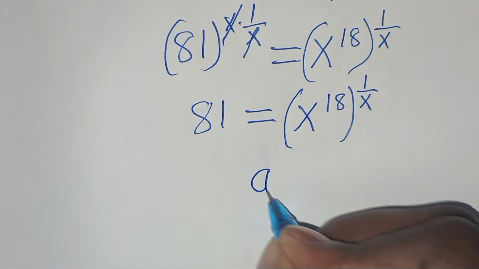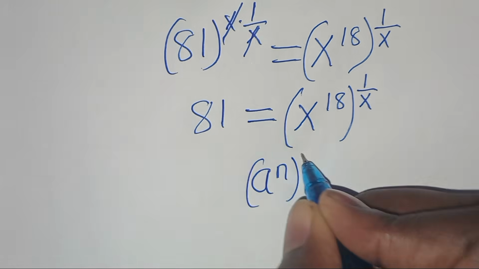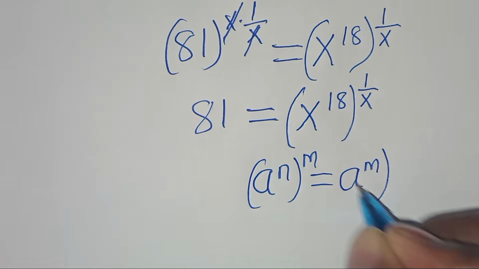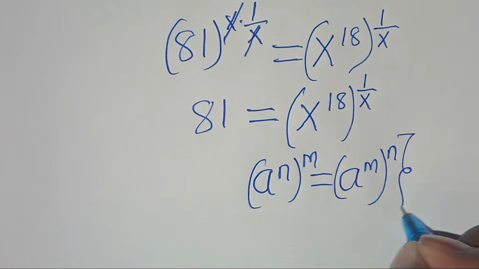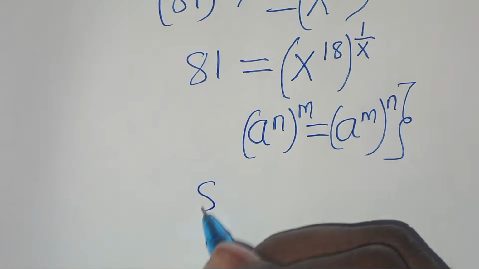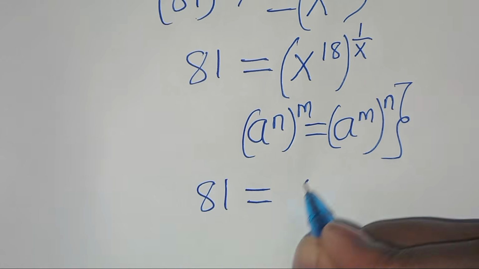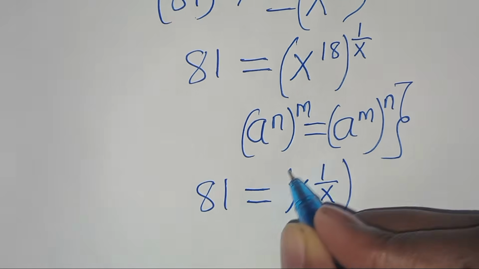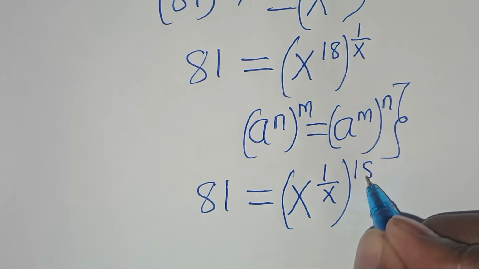This is in the form of a to the power of n raised to the power of m, which can be expressed as a to the power of m raised to the power of n. Applying this exponent property, then we have 81 equal to x raised to the power of 1 over x, then raised to the power of 18.